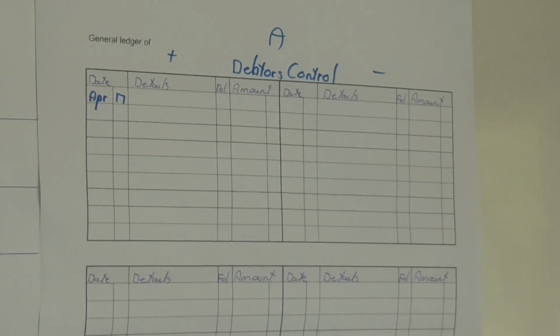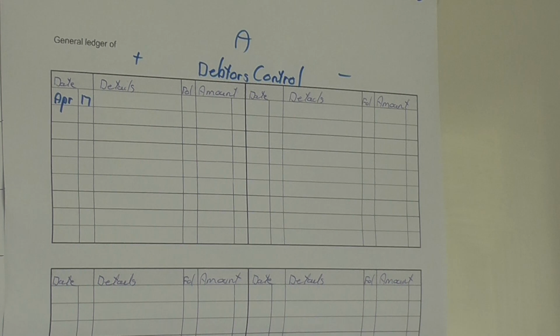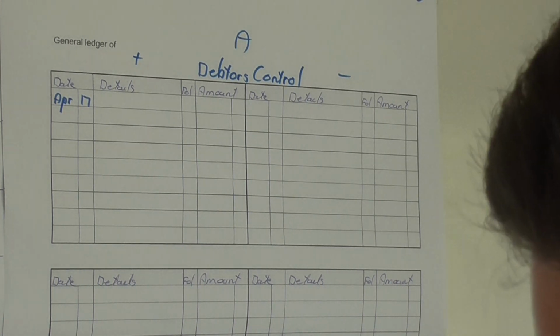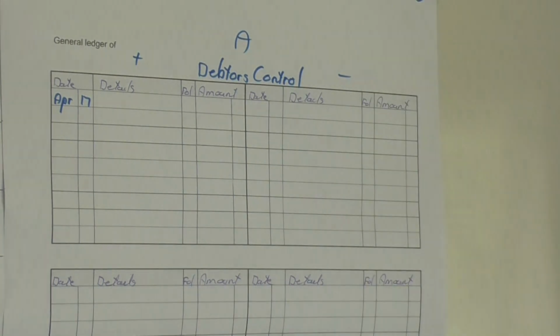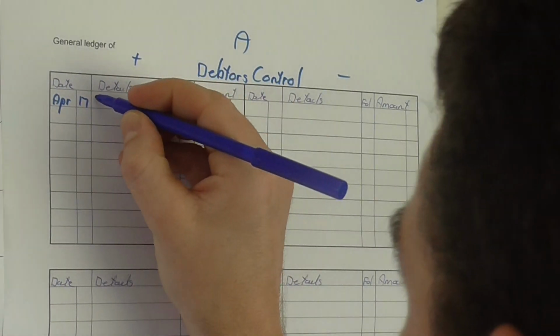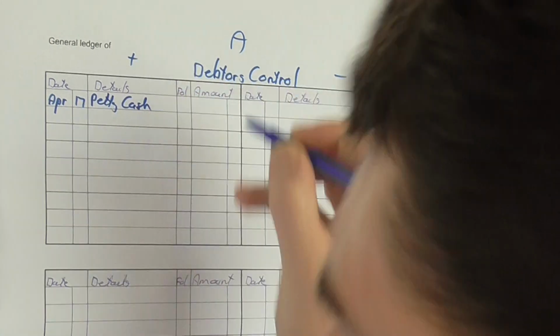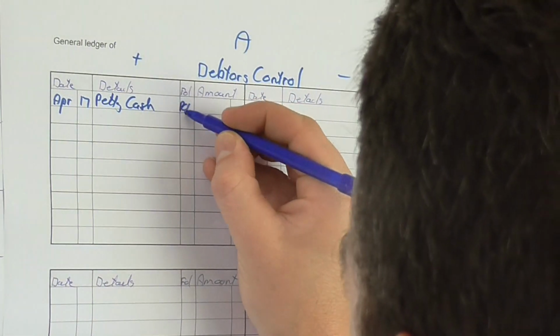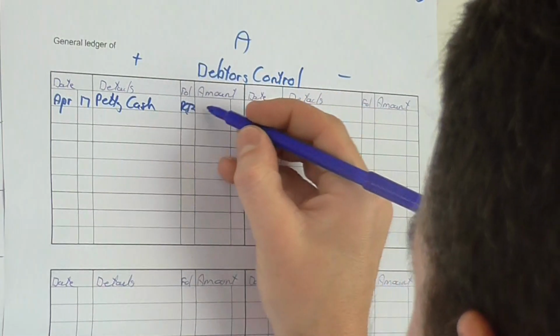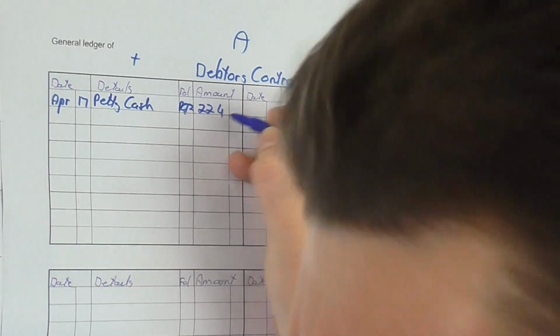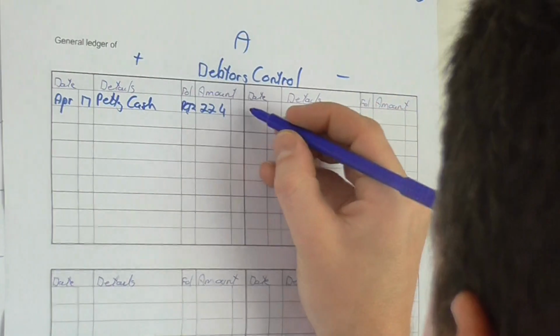Okay, so I'm just going to complete that there. Where was I? So April, the other leg would be petty cash. Petty cash, that was your petty cash journal, and that amount was 224.50.